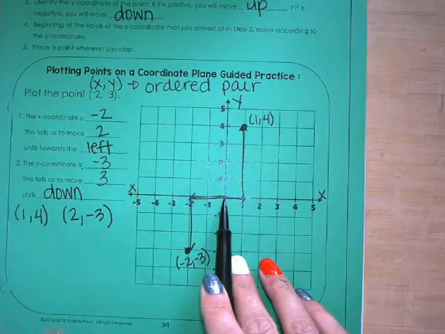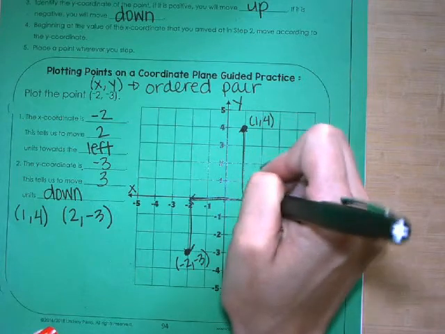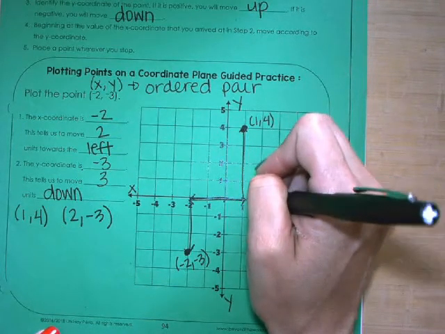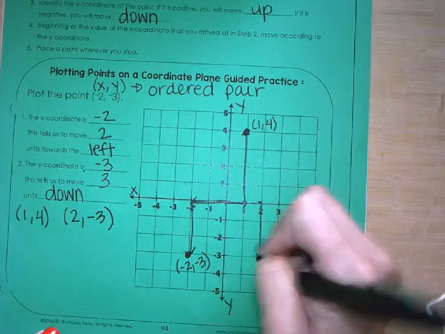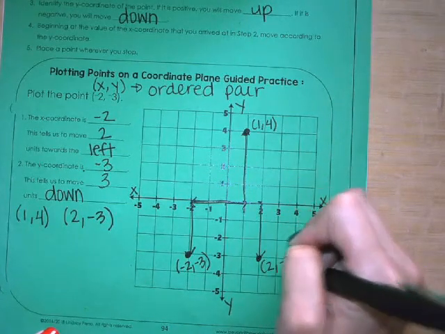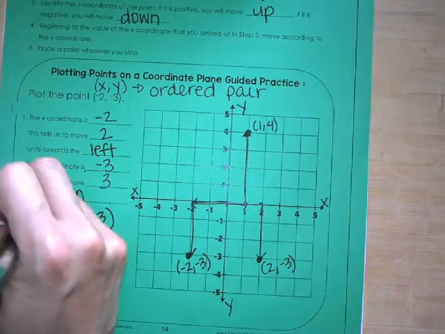What do I do? Move to the right twice. And then what? And then what? Plot your point and label it. What quadrant is that in? Quadrant 4.